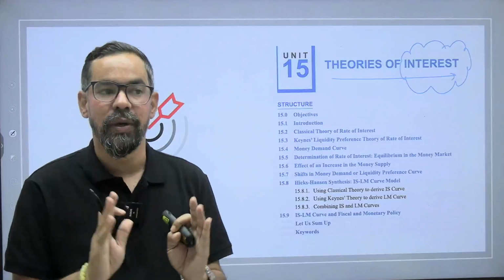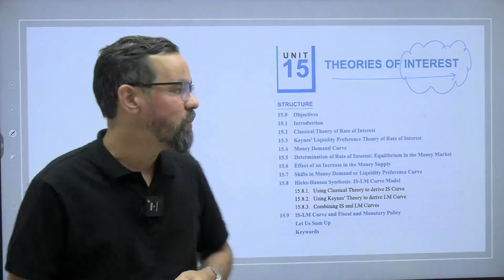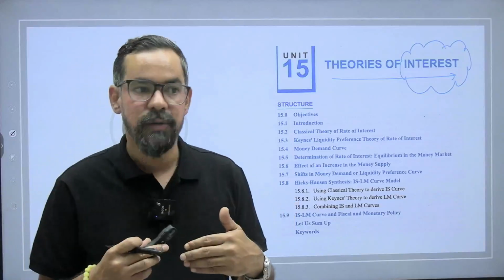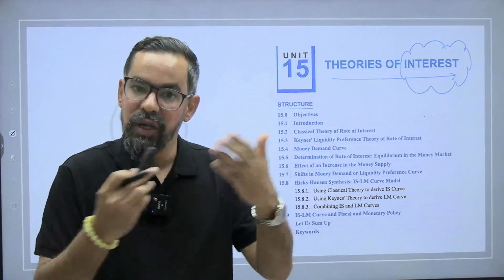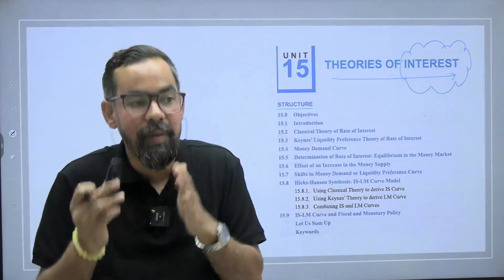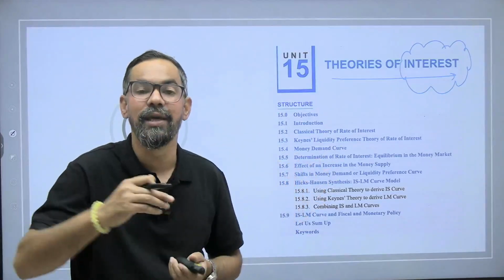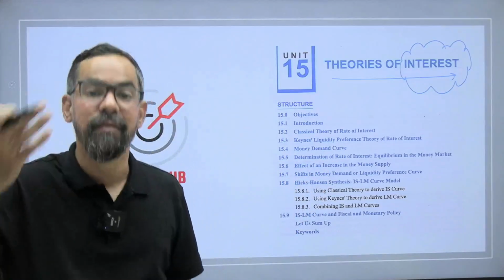So that is the one. In this particular case, demand is generally created by borrowers. They generally borrow money from the banks and all, and supply is generally created by savers or households, who invest their money or save their money.